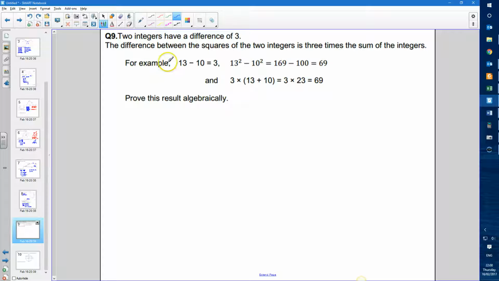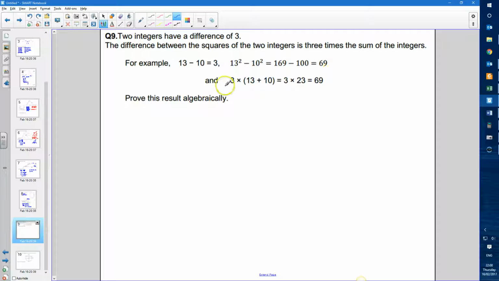Question 9. Two integers have a difference of 3. The difference between the squares of the two integers is 3 times the sum of the integers. And we're given an example here: 13 take away 10. So these are two integers, 13 and 10, just being given as an example, and they have a difference of 3. And we're saying that 13 squared take away 10 squared will be 69.